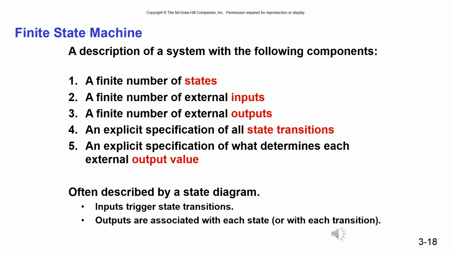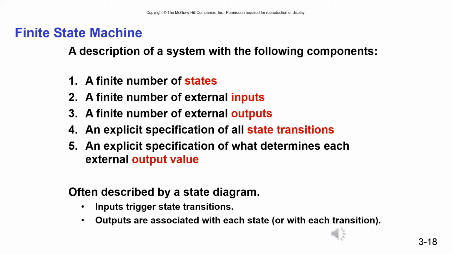How do we move from one state to the next? What causes a state transition? An explicit specification of what determines each external output value. You can describe all of this finite state machine sometimes by a state diagram.